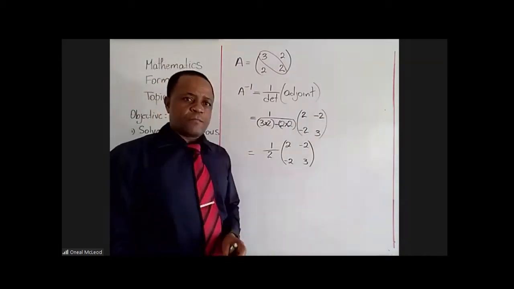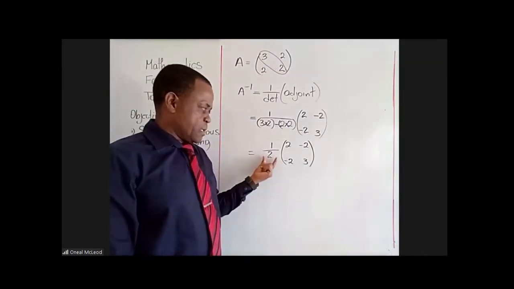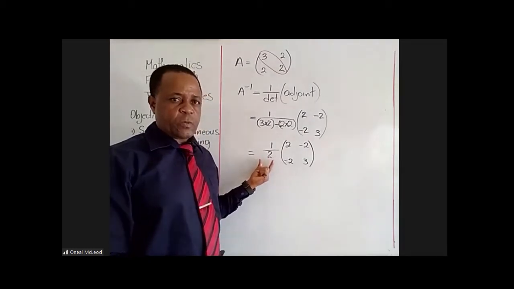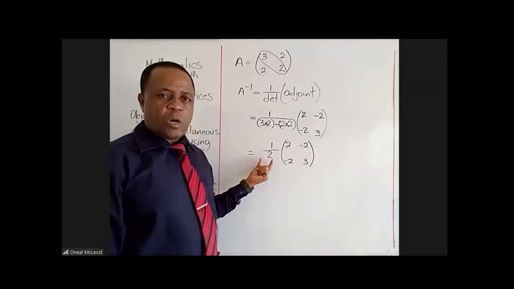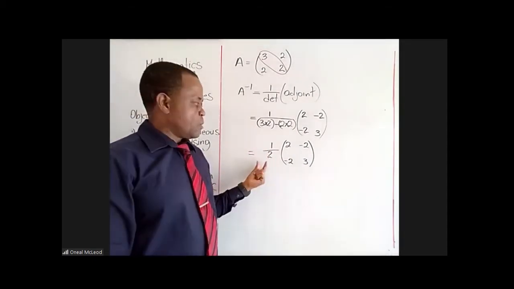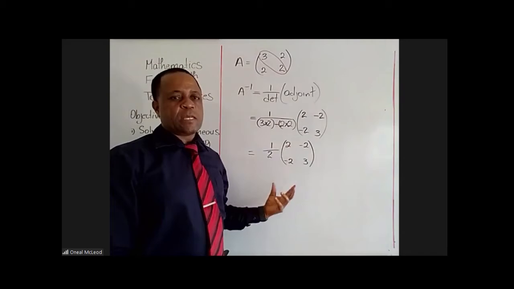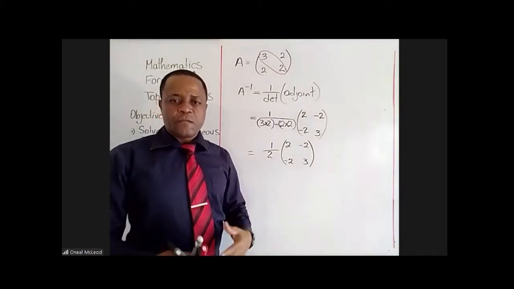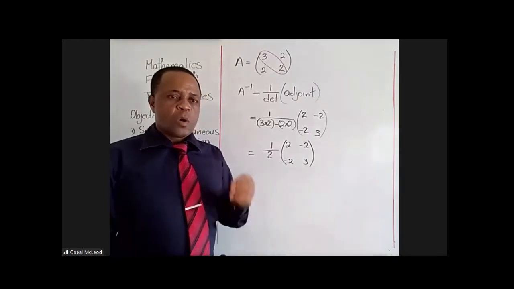Now, at this point, you would notice that we have a scalar quantity here that we're working with. Normally, what we would have done is use the scalar quantity to multiply each element inside of our bracket, and that would give us the final answer for our inverse.